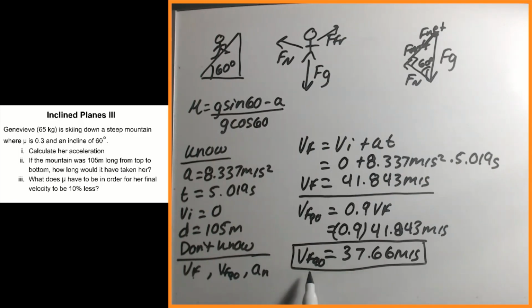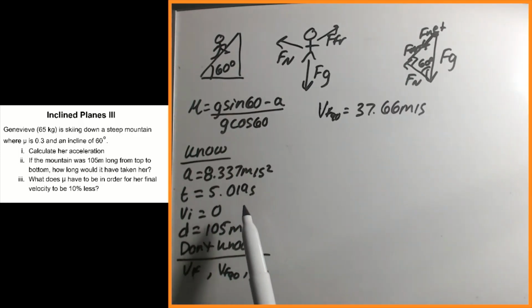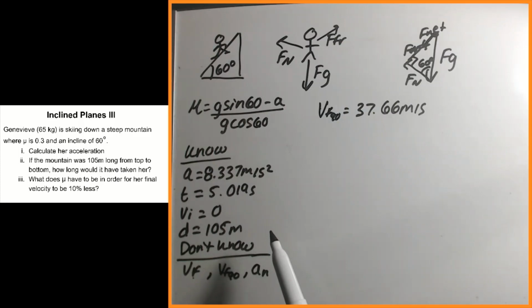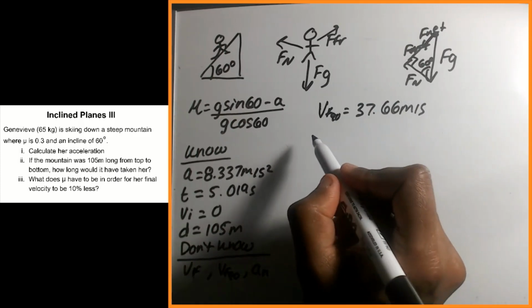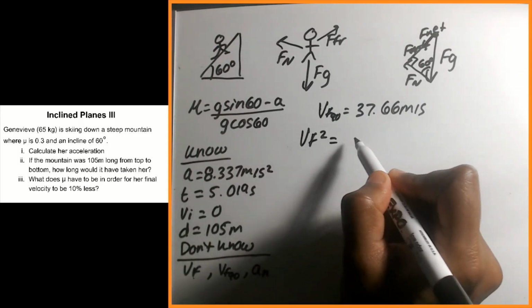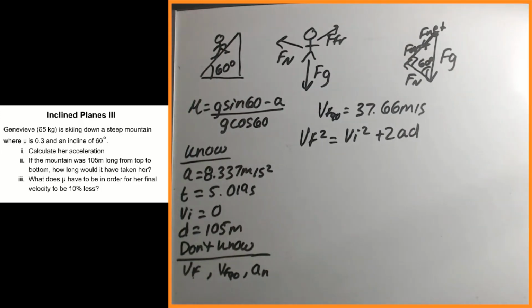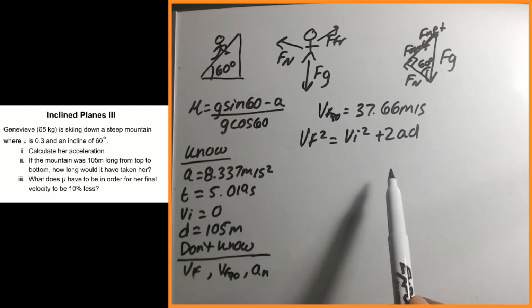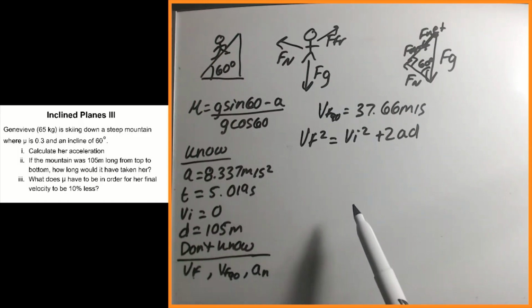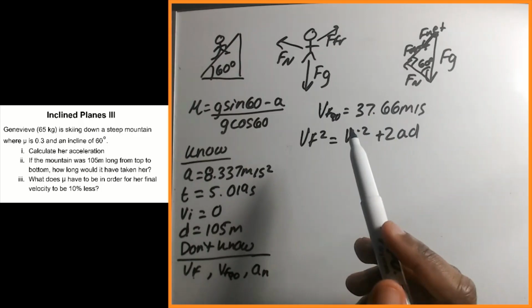All right, so now that we have VF, let's go ahead and solve for the acceleration. So time will be different because you have different acceleration and final velocities and whatnot. So we don't want to use the VF is equal to VI plus AT formula because of that. So we're going to resort to this one. VF squared is equal to VI squared plus 2AD. And we can grab the acceleration from there. So usually I would try and isolate the acceleration first, but because this is a really simple equation, we can just go ahead and plug the values in.